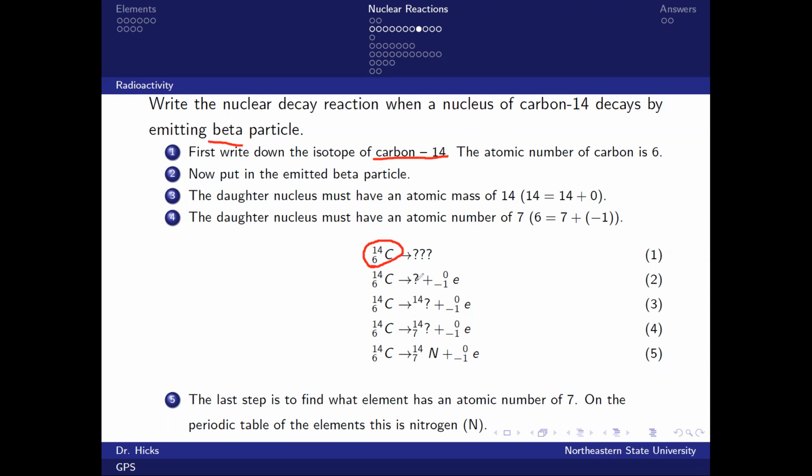So on the right-hand side, I'm going to have my missing particle that I want to find and the beta particle. So at step number 2 here, I've got to where I can start applying the rule about the atomic mass being the same on both sides and the atomic number being the same on both sides.